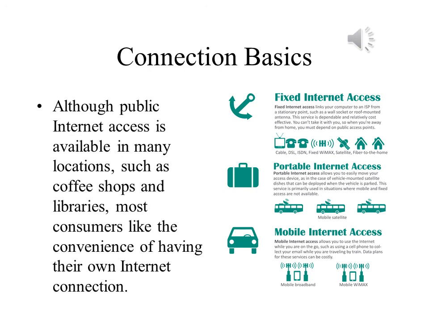Fixed internet access involves having your computer link to an ISP from a stationary point. While the internet connection may involve wireless links at some point, your computer's immediate connection is wired. If you're not at home, you are depending on somebody else's public access point.